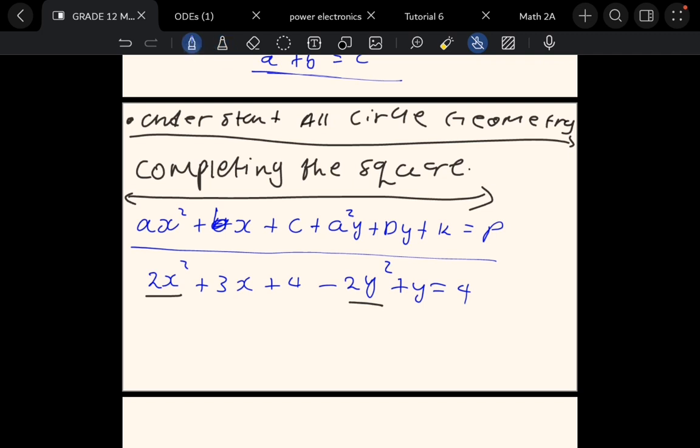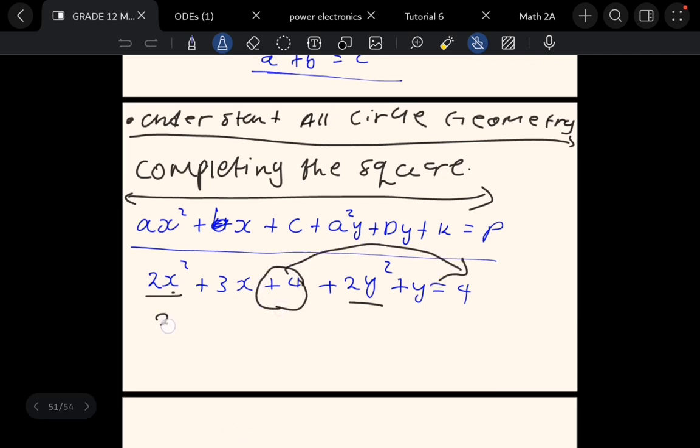X squared and y squared have the same coefficient. Then it contains a constant on this side. You take the constant to the other side.